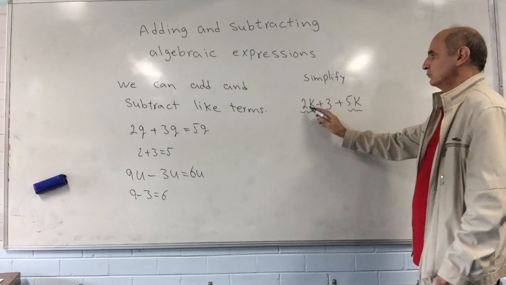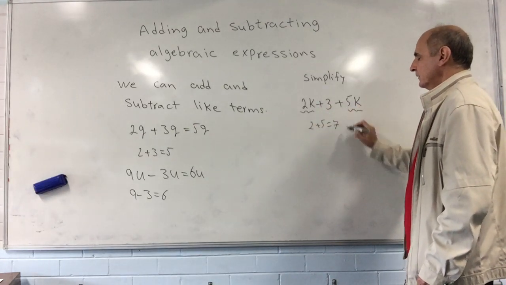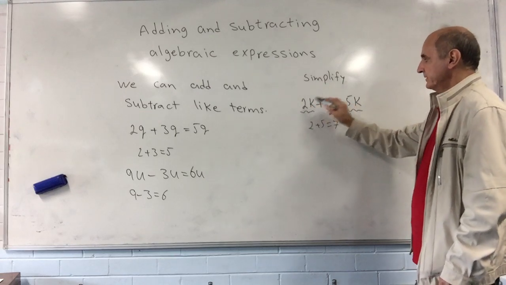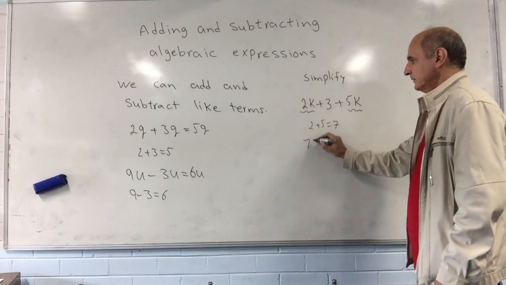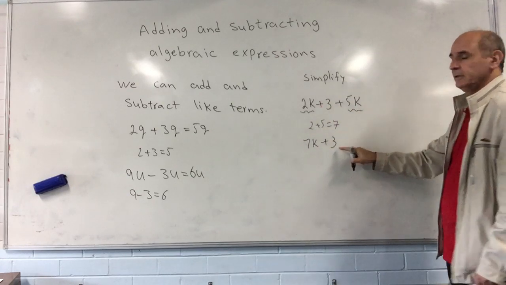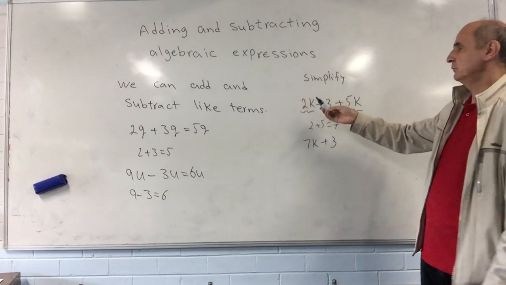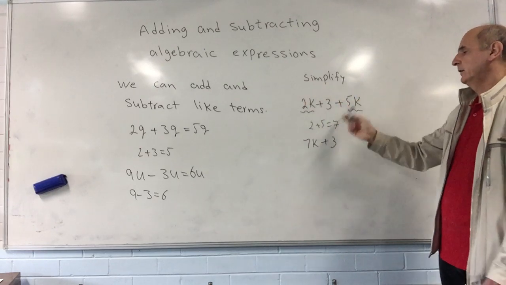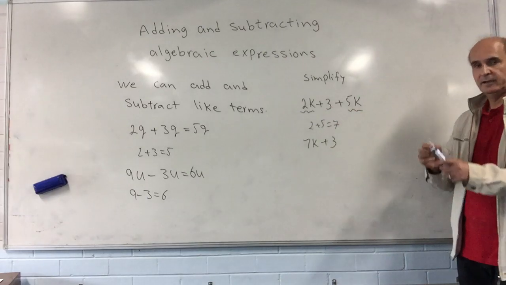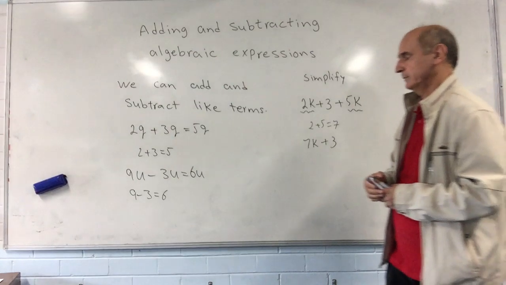Still we can add them. 2 plus 5 is 7. So the answer to that will be 7k, and you add that 3 at the end. So 7k plus 3 is the simplified form. All you need to do is add the like terms and then add the term which is not a like term.